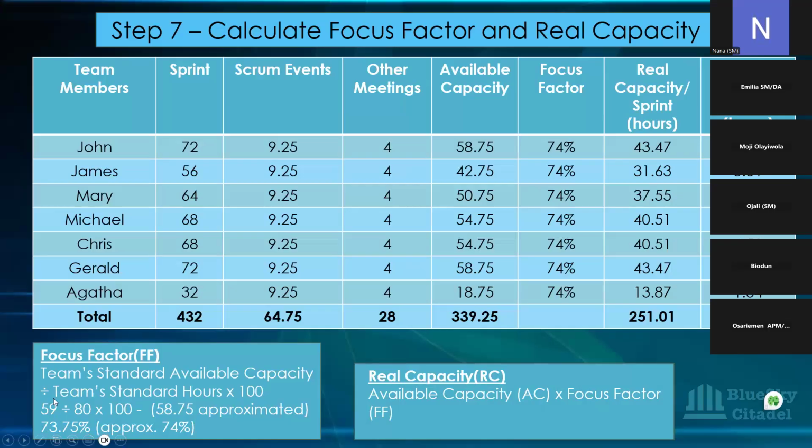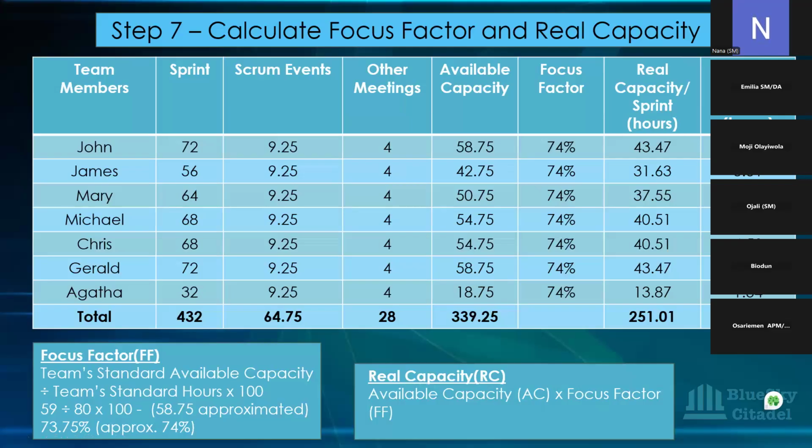And you divide the available capacity, which is here. You will also have to approximate any decimal that you have. Then you have the team standard available capacity divided by their standard hours, the 80 hours, and then you multiply it by 100 in order to get the focus factor.